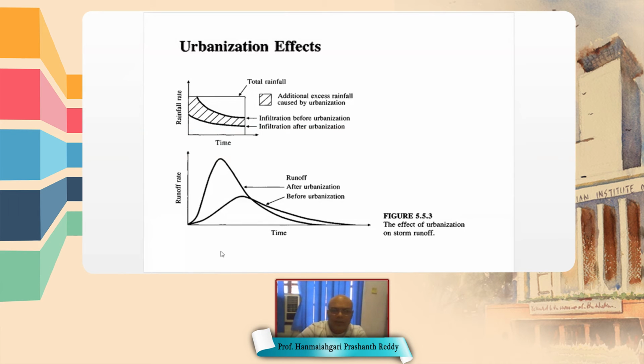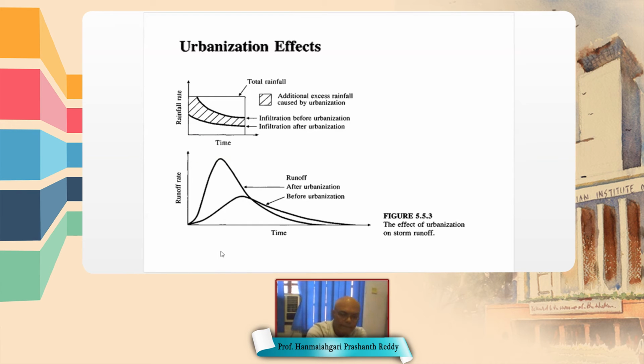No. See, we are not considering the effect of urbanization on the rainfall, because that is anyway an unknown value that we are not considering. We are considering the same amount of rainfall is taking place before urbanization and after urbanization. But due to this, there is a certainty in the decrease in infiltration.